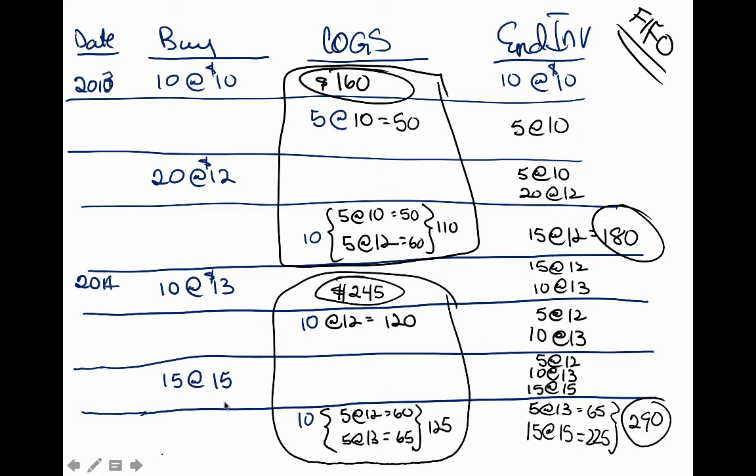We then went out and bought 15 at 15, so now we have 3 layers, 5 at 12, 10 at 13, and 15 at 15. And at the end of 2014, we sell 10 units. Since we're under FIFO, those 10 units are 5 at the $12 layer and 5 at the $13 layer. And so we have 5 left at 13 and all of the 15 at 15.